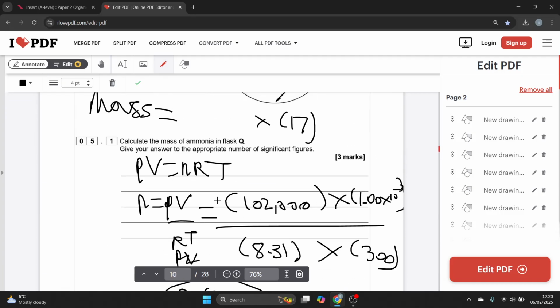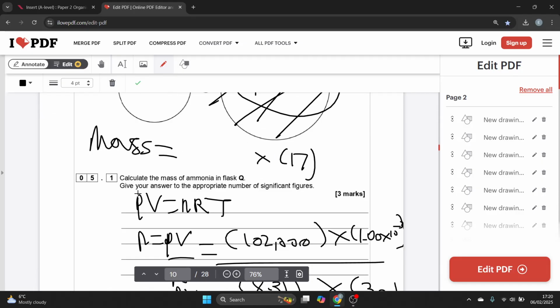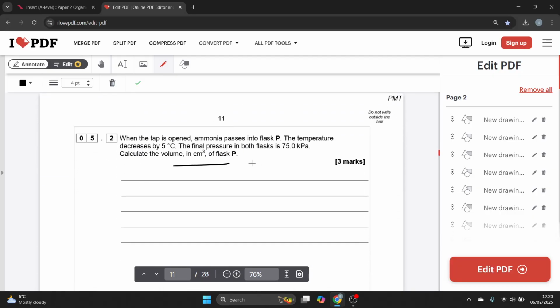It wants the volume in centimeters cubed, so that's 10 to the power 3 centimeters cubed. I don't know the volume of flask P. That's what I'm trying to find out.